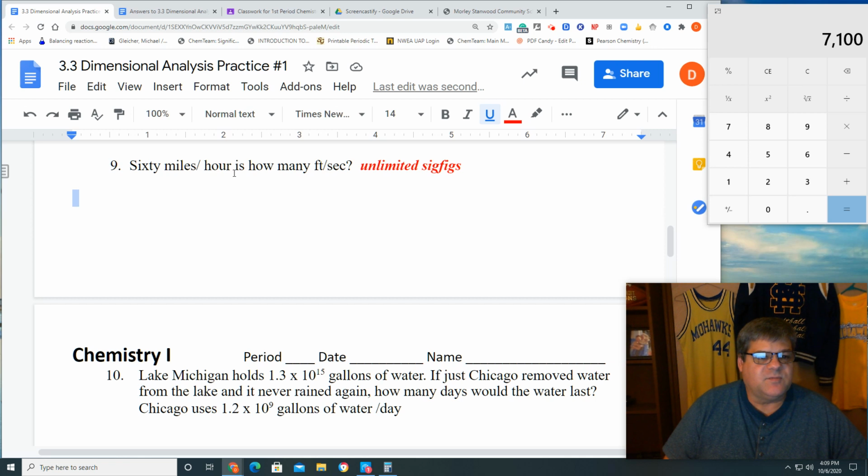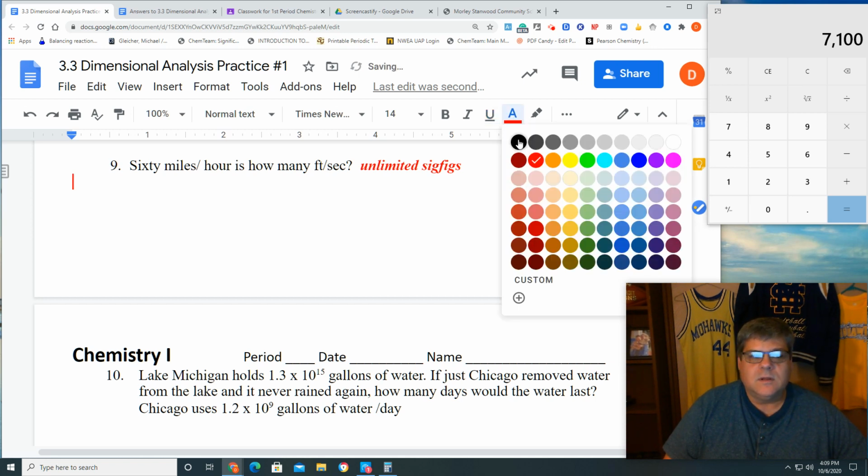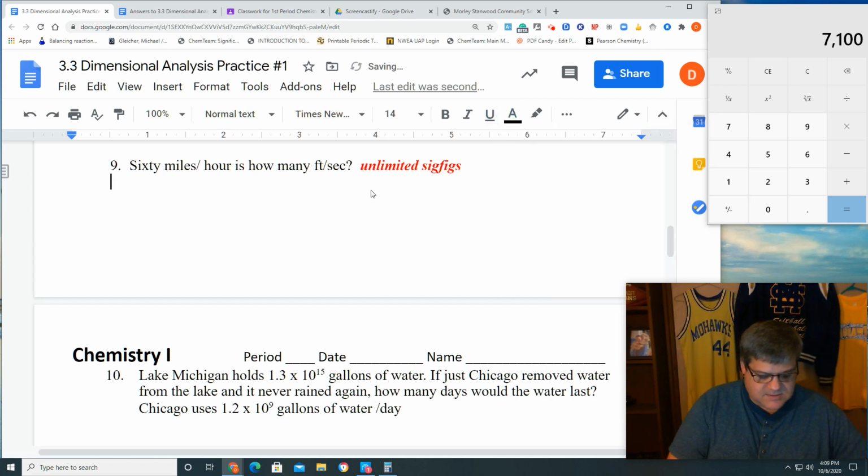So if I have 60 miles per hour, really it's 60 miles for 1 hour in that situation. In that same situation, if we had feet per second, what would it be? So what is known? Known is that we have 60 miles per hour.